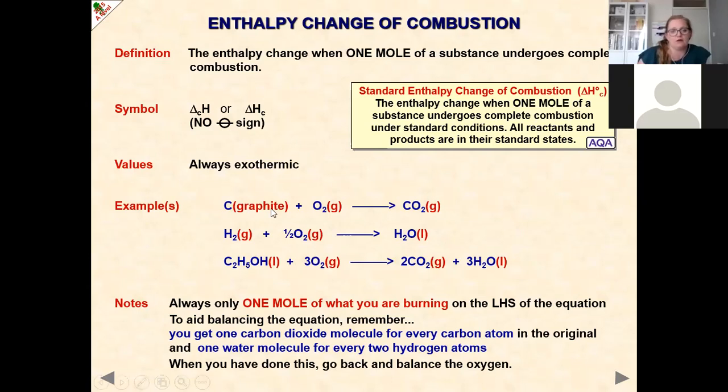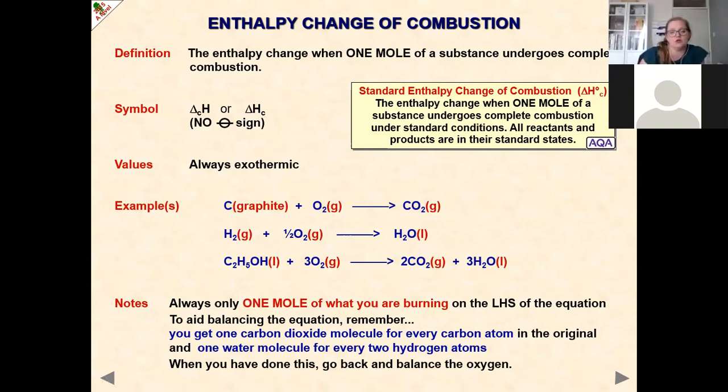So for 1 carbon atom, you get 1 carbon dioxide molecule in the original, and 1 water molecule for every 2 hydrogen atoms. Once you've done this, you can then go back and balance the oxygen. So that's how we end up with half O2 and just O2 here, because we need to then go backwards and balance this for 1 mole.